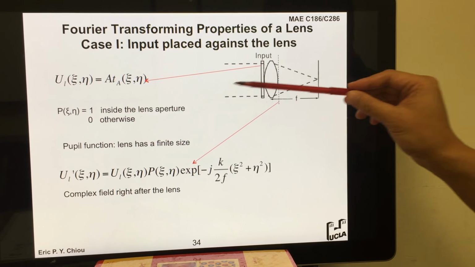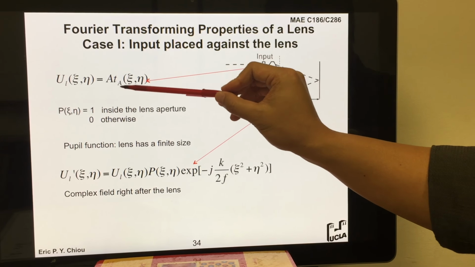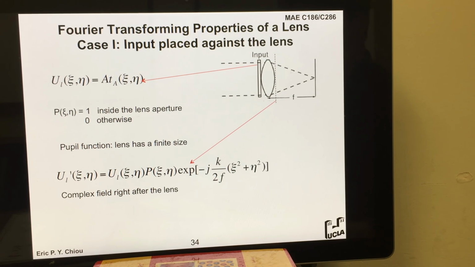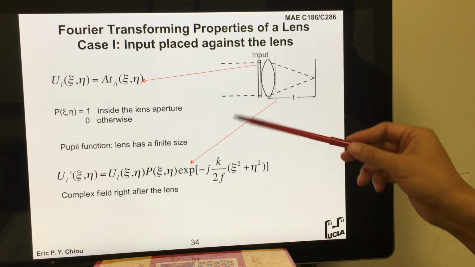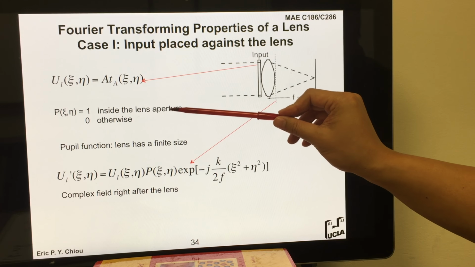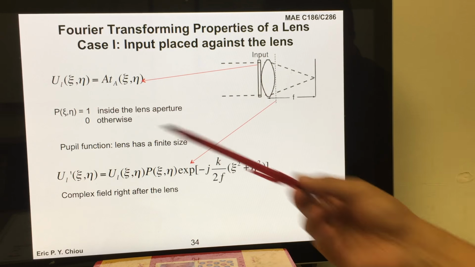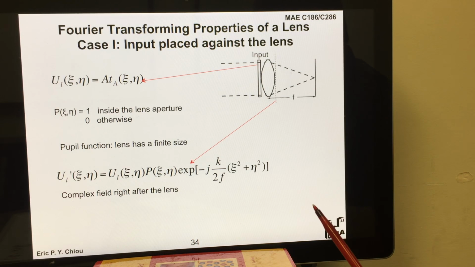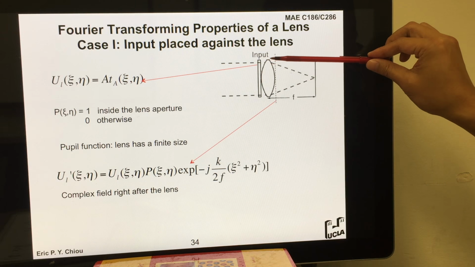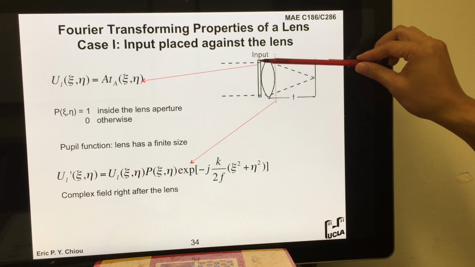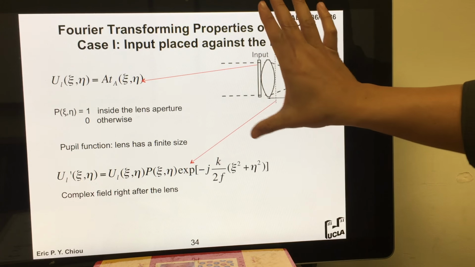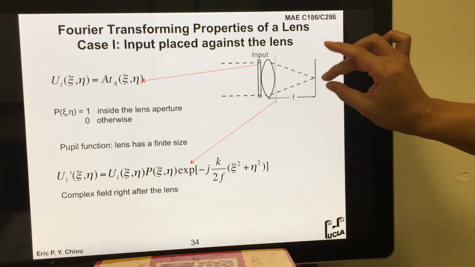Okay, so let's say the input has this function. This is the aperture function. Then here we will introduce some kind of aperture function. Why do we need to have this aperture function here? Because our optical system has limited size, and your lens has limited size, so you won't be able to have a wave covering a very large area and then get focus.